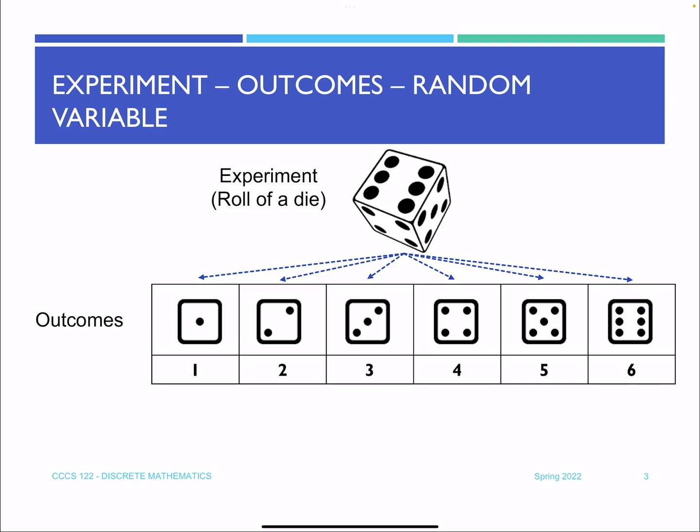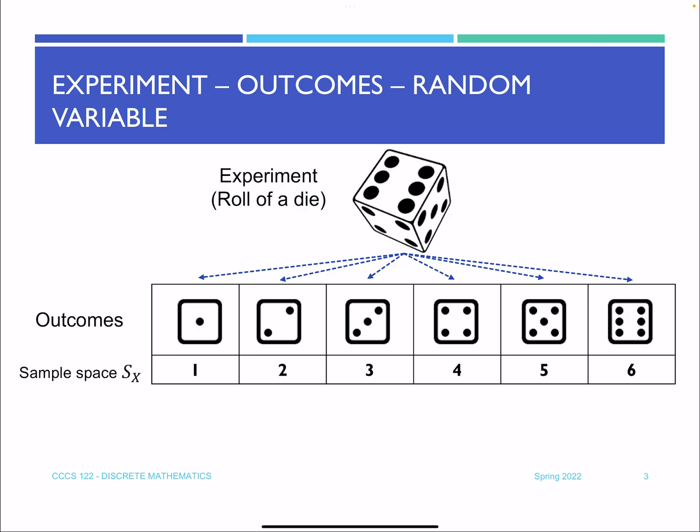Now, the outcomes of experiments can sometimes be non-numeric, not numbers. So, for example, the face that has one dot on it is just a shape. It's a geometric shape. There's a face with 2 dots on it. Now, usually when we talk about the faces of a die, we associate numbers with those faces, with those outcomes.